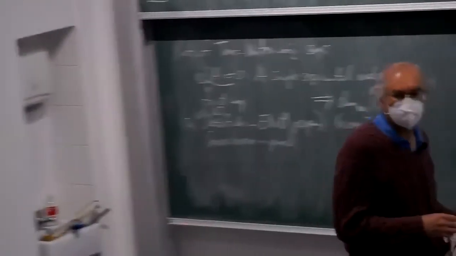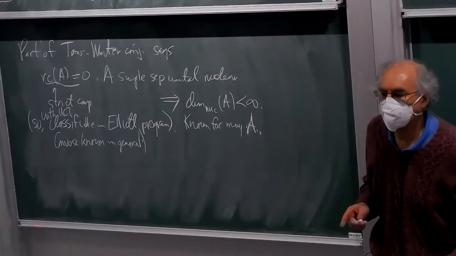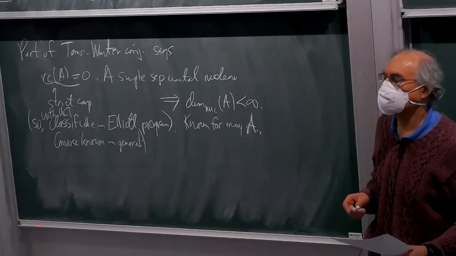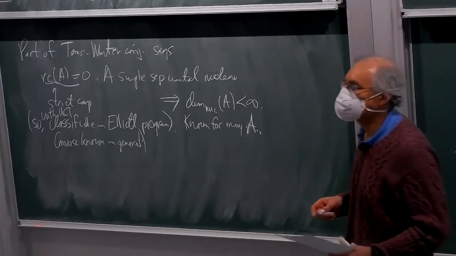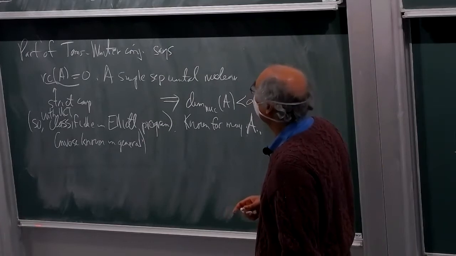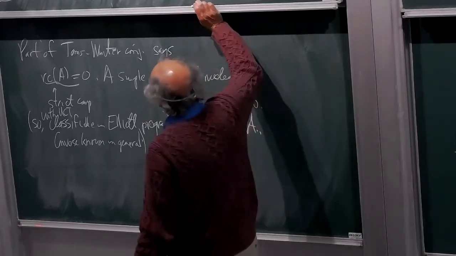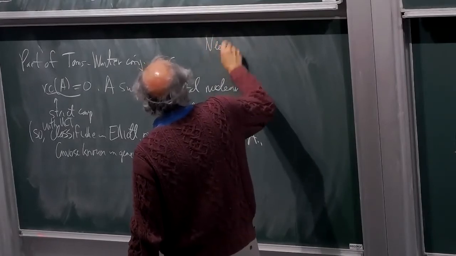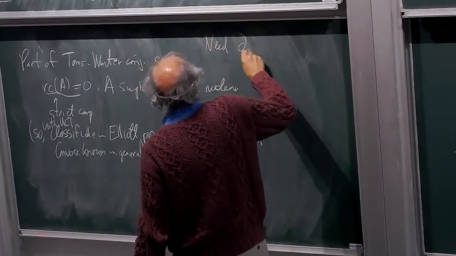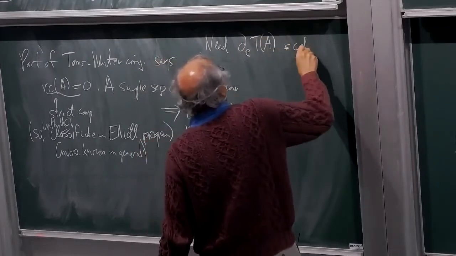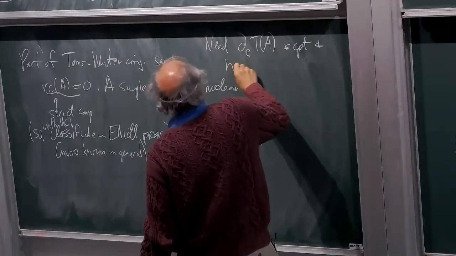Questions? Yes. Maybe you didn't want to say too much about this, but can you remind me what the current state of the art is for this direction? Do you need A to have a Bauer simplex or something? You need to know the extreme boundary of the tracial state space is compact and has finite covering dimension.